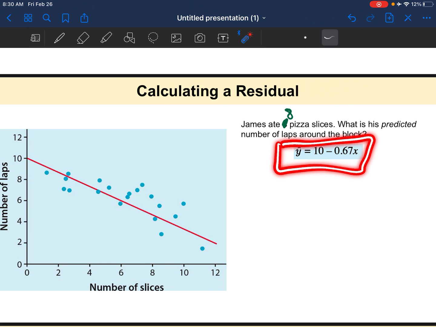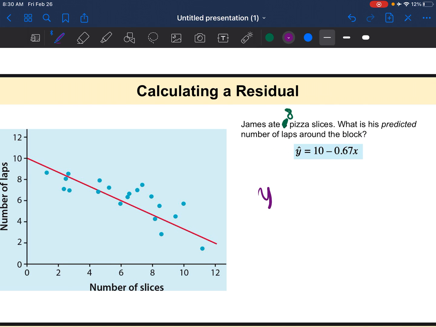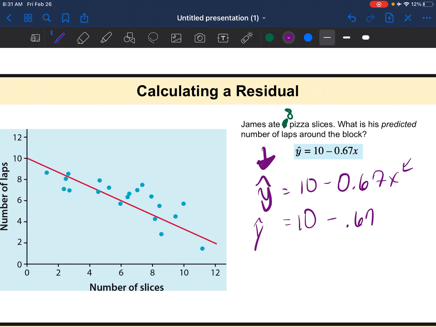So what I can do is use my equation. I have y hat equals 10 minus 0.67x. And if I want to know his predicted y value, all I have to do is change x for the number of slices that he ate. So y hat equals 10 minus 0.67 times 8, the number of slices he ate. I'm going to multiply that out.